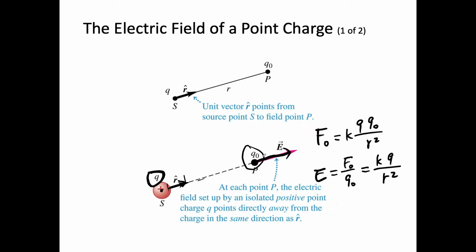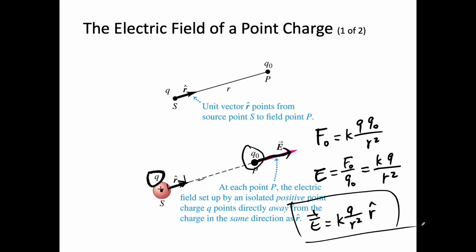And now if you want to put the direction there, E is in the same direction as r hat, and r hat has magnitude 1. So you keep your magnitude for E in the same direction of r hat. So this is going to be the electric field generated by one point charge.